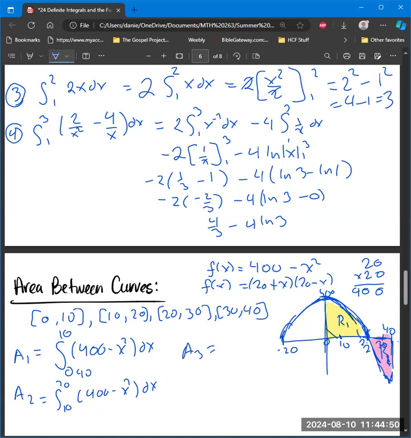A3, we're going to have a negative 20 to 30, 400 minus x squared dx, and A4 is a negative 30 to 40, 400 minus x squared dx, something like that. And you can calculate each of those.